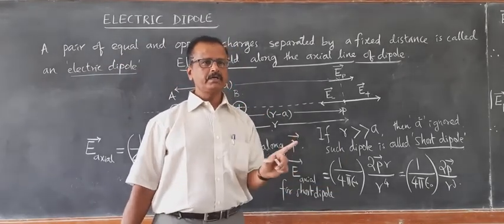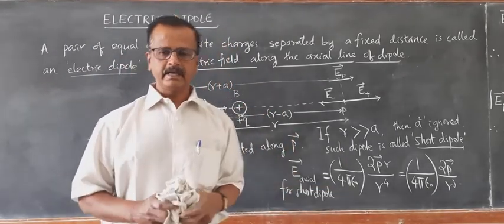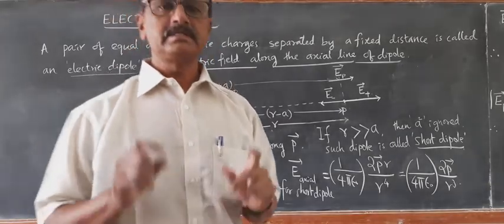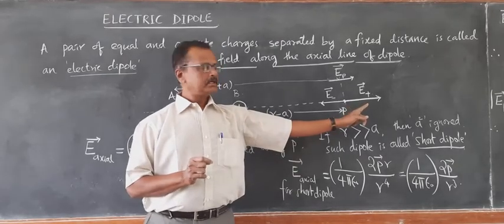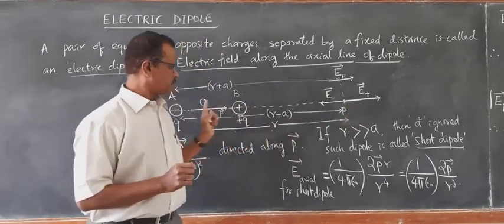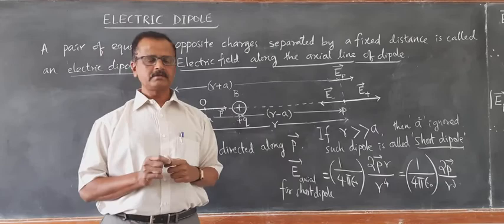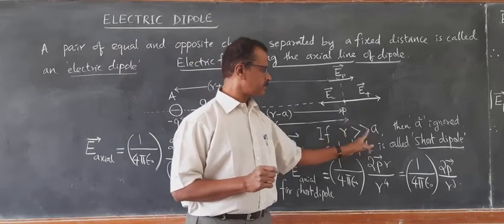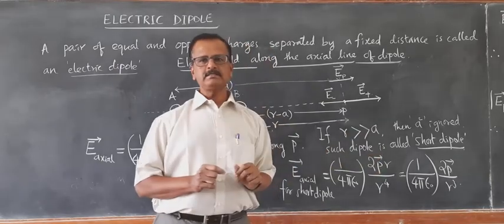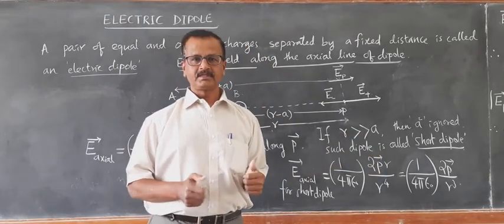Remember, short dipole is that dipole for which the distance of the point under consideration is very much longer compared to the dipole length. R should be very much larger compared to A or larger compared to 2A. Such a dipole is called as short dipole. Thank you. Have a nice day.